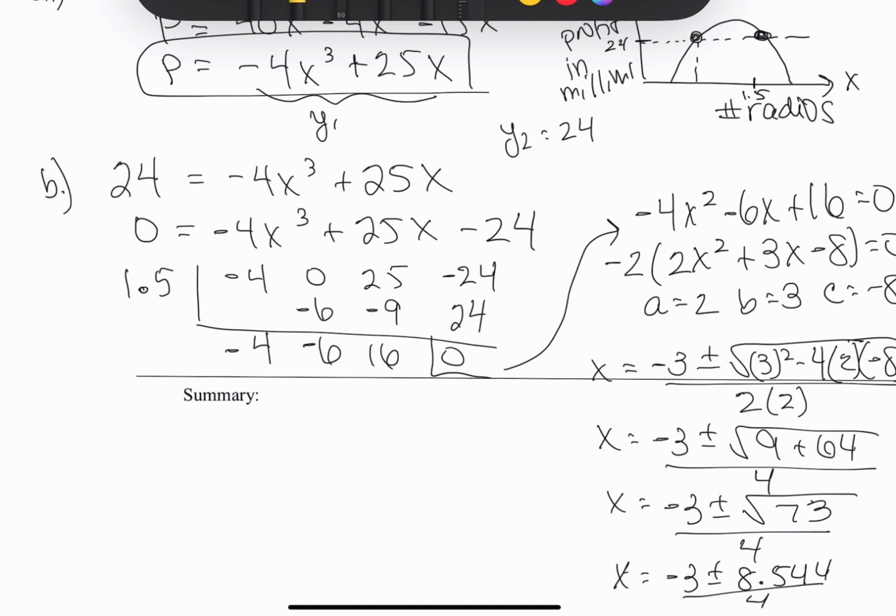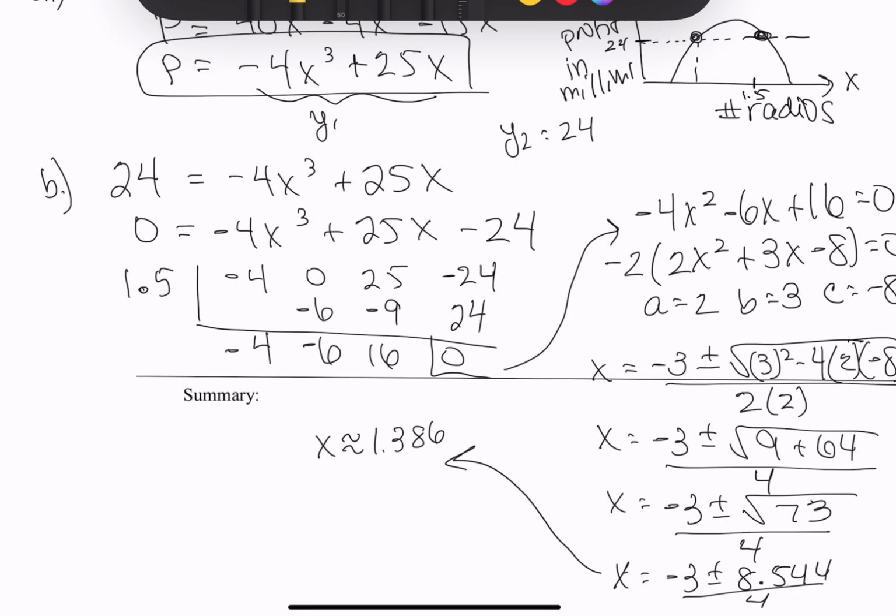So we'll go negative 3 plus 8.544 ends up giving me a 5.544. Divide that by 4, and I end up with 1.386. So x is approximately 1.386.